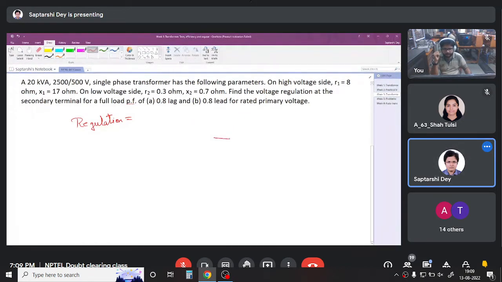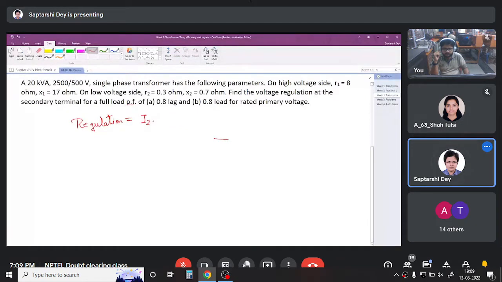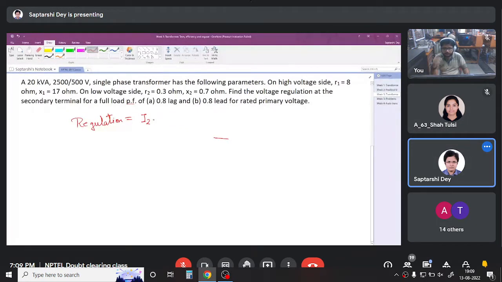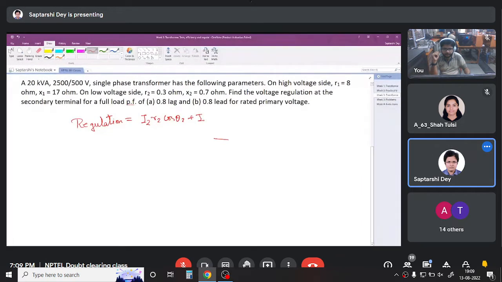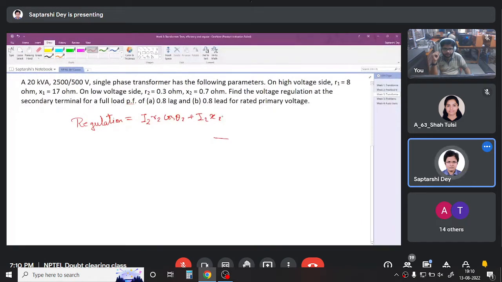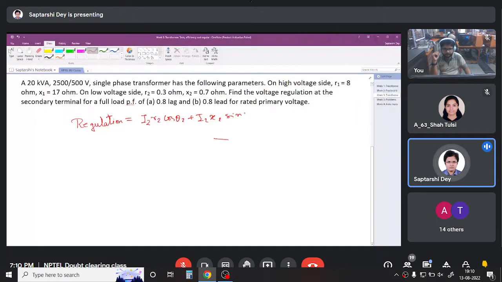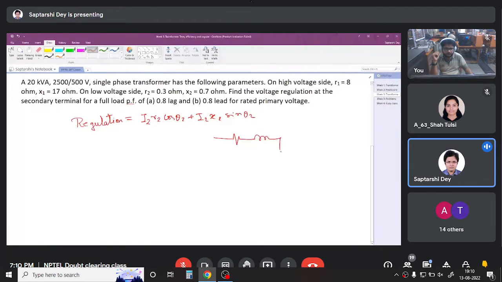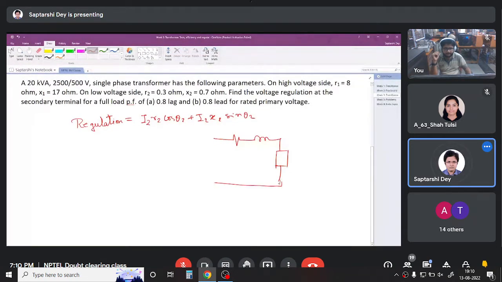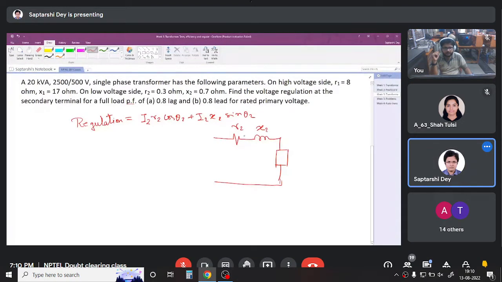So the thing is, the regulation is given by I2 R2 cos theta 2 plus I2 x2 sin theta 2. Now what are these R2 and x2? These R2 and x2 are the total resistance and leakage inductance referred from the load side.